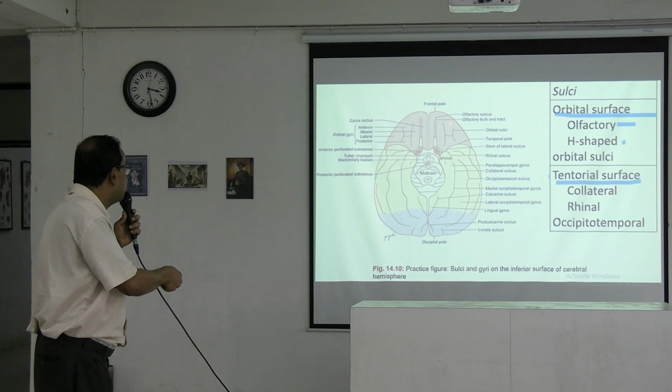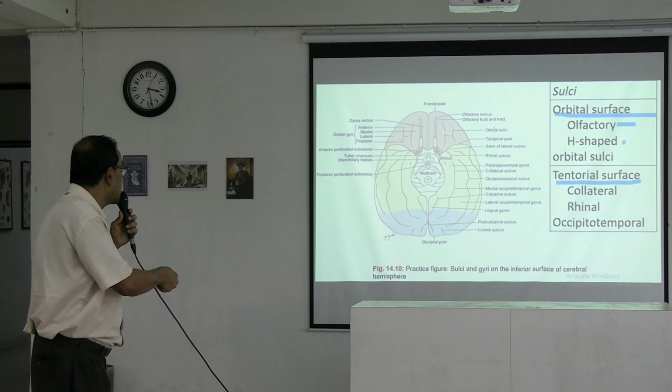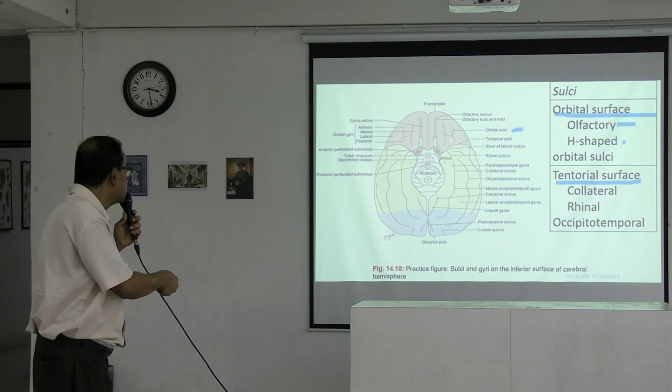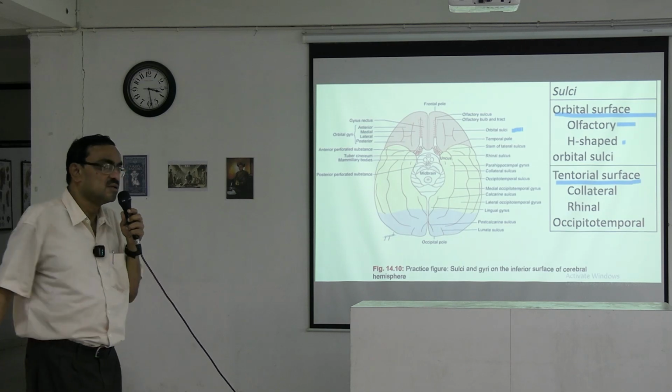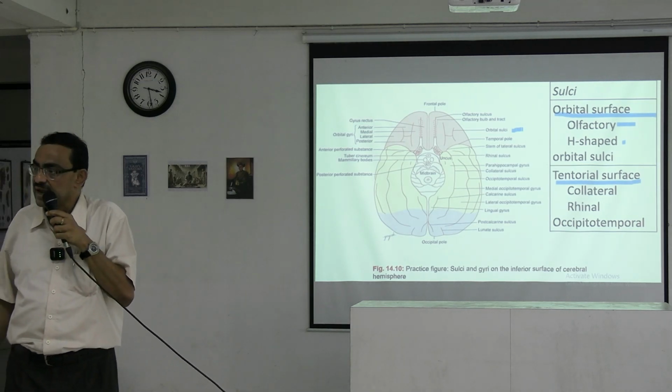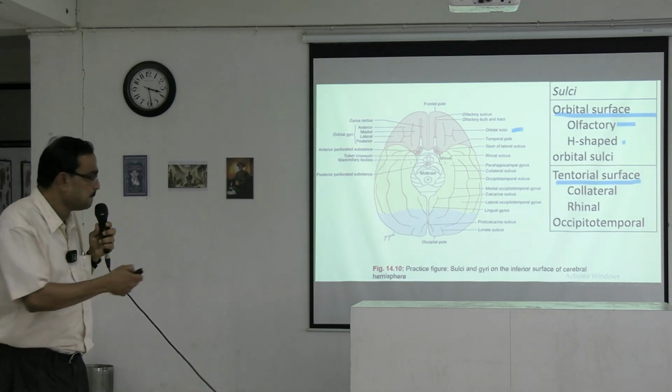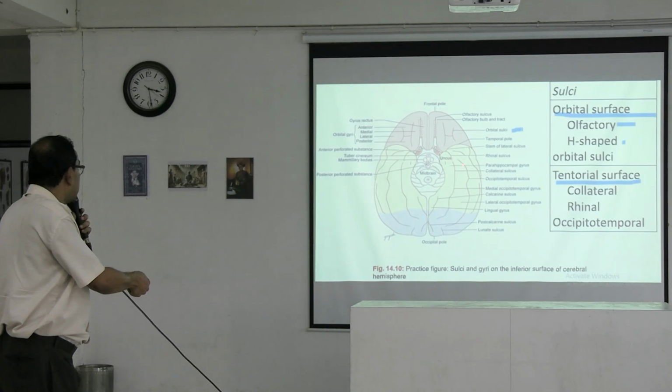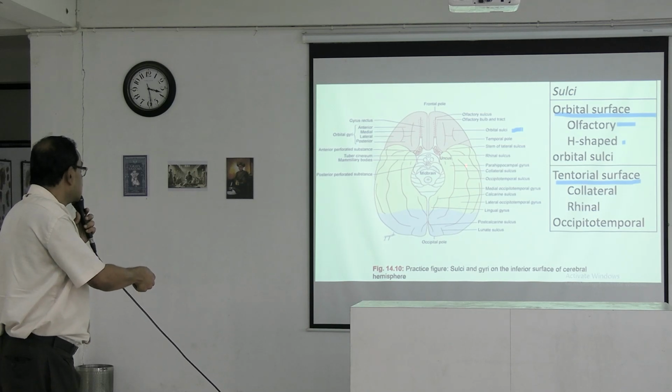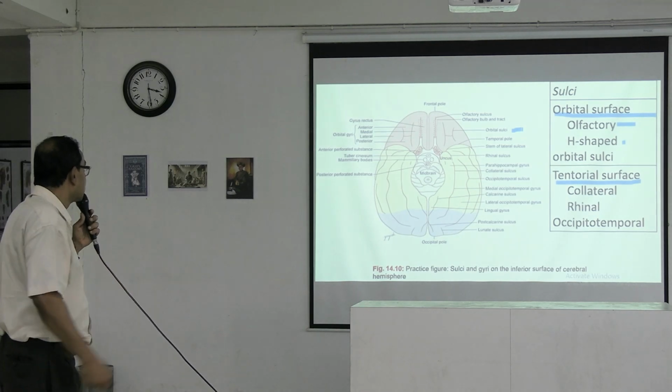And here we can find one H-shaped sulcus which is called orbital sulcus, which divides this orbital surface into anterior, posterior, medial, lateral orbital gyri. Similarly, in the posterior part, I have already covered, that is the collateral sulcus and occipitotemporal sulcus.